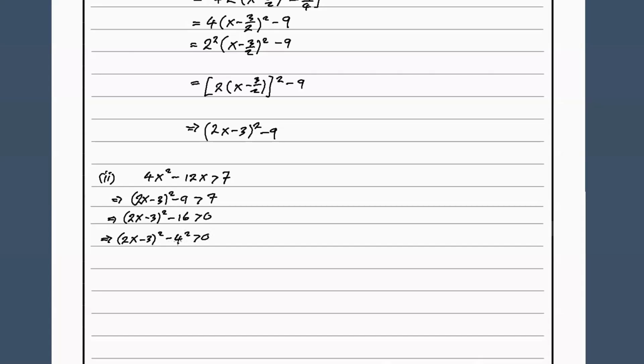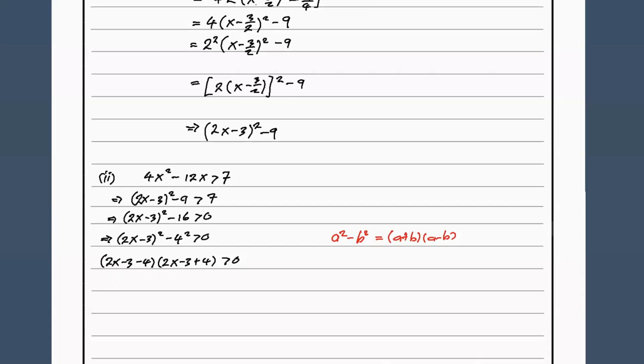So this is like a difference of 2 squares, where we can say that this is as good as 2x minus 3 minus 4 of 2x minus 3 plus 4. Okay, and it's greater than 0. So I've used the difference of 2 squares. Remember, a squared minus b squared can be factorized into a plus b of a minus b. So that's basically what I've done here.